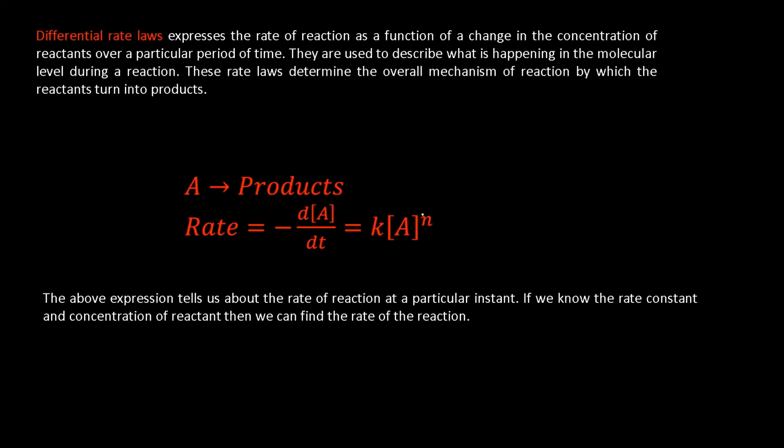Here small n is the overall order of the reaction. The above expression tells us about the rate of reaction at a particular instant. If we know the rate constant and the concentration of reactant, then we can find the rate of the reaction.